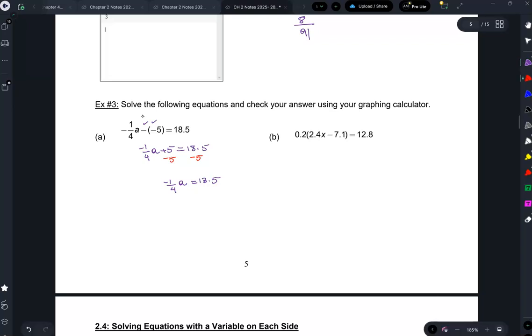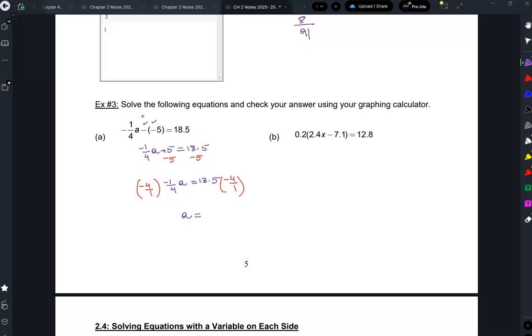Now what am I going to multiply with? Negative 4 over 1. So a is... What's a good way to do this one in your mind?